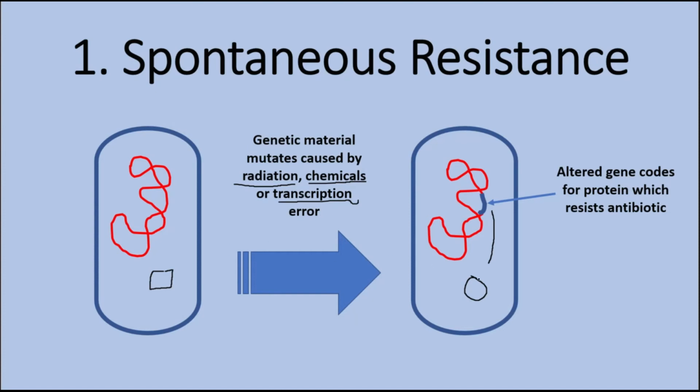But basically, we can get a gene, or genetic information, that just mutates. It might change its base order, which then changes the amino acid order, which then changes the shape of the proteins. That should be key. You should have that in your knowledge. If you don't understand that, then shame on you. So if you change the amino acid order, you change the shape of the protein, and then it doesn't work.